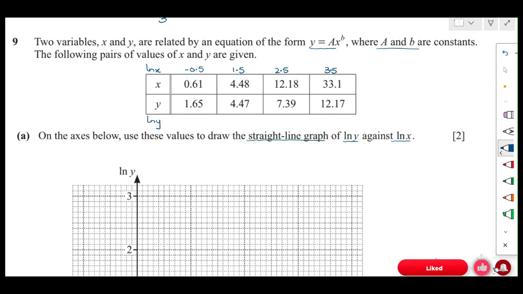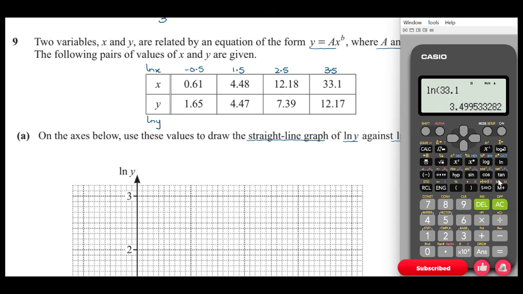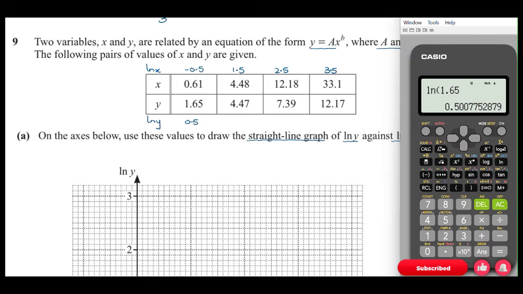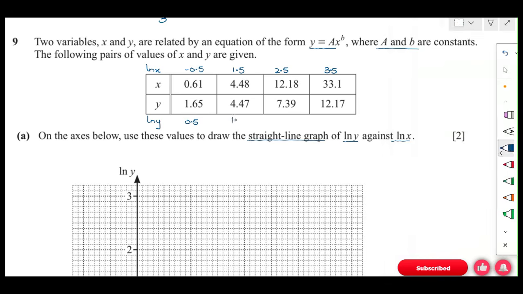Now natural log of y. Okay, so natural log of 1.65, the first value, is 0.5. Natural log of 4.47 is 1.5.